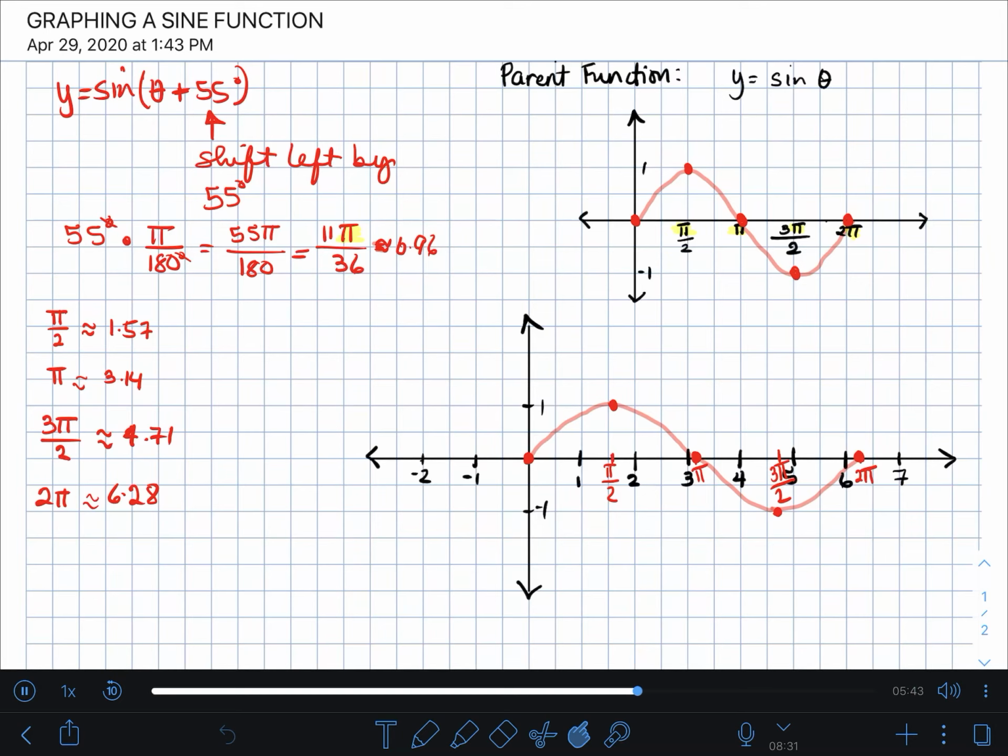But see, if the value is exact, like for example 0, I know I'll be moving almost 1 point to the left. But for my pi over 2, it's an estimate because it's 1.57. So it's better for me to subtract the 0.96 from the values here.